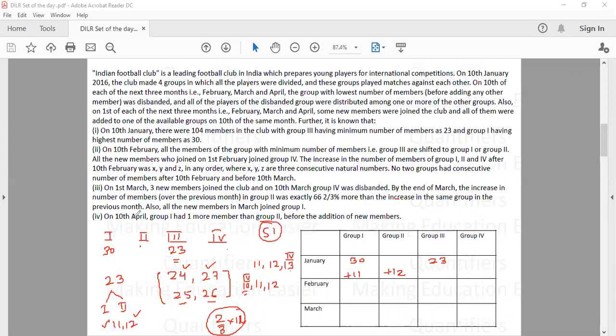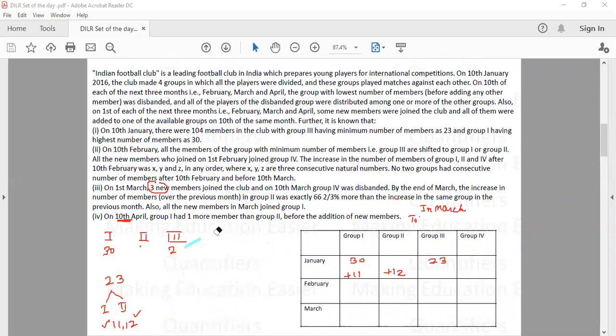Now let us see how many members would be there before 10th of April, considering that 3 members joined on the 1st March. So I can say that in March, how many members could be there in total? Let me erase some of these values since they are not required now.